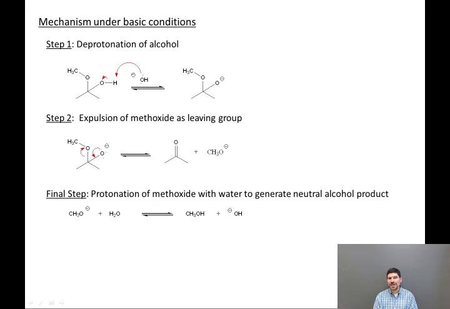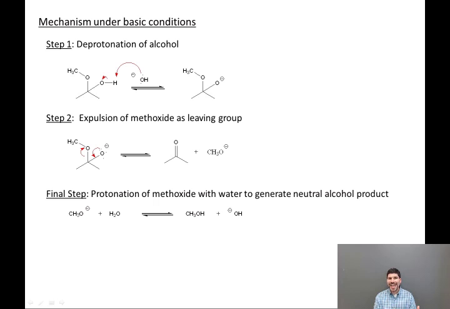We are almost done, except when you looked at the example of the reaction, you saw that we generated an equivalent of alcohol and not an equivalent of alkoxide. So the final step of this is simply a proton transfer reaction. I'm not drawing out all the arrows for this step, but CH3O- gets protonated by water.